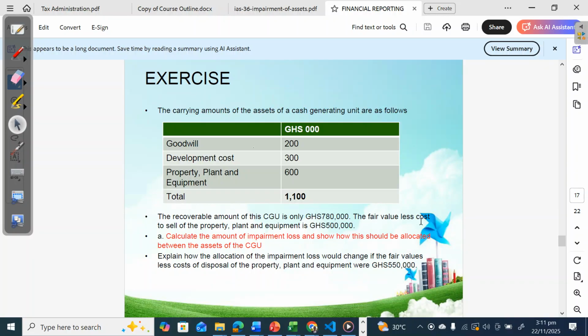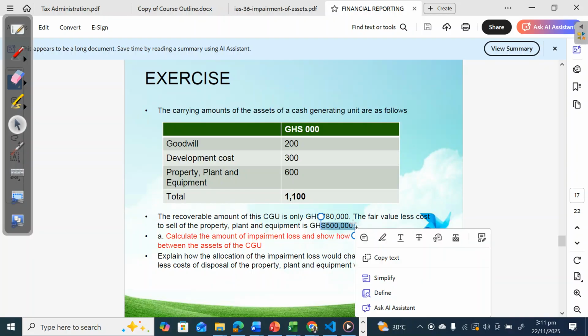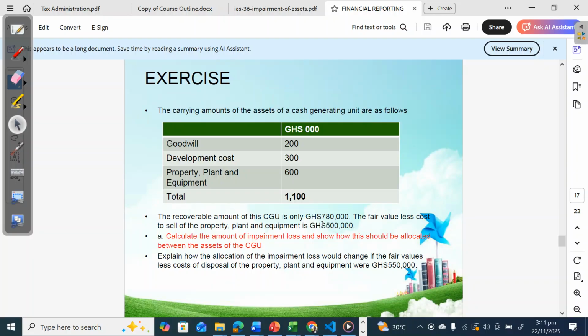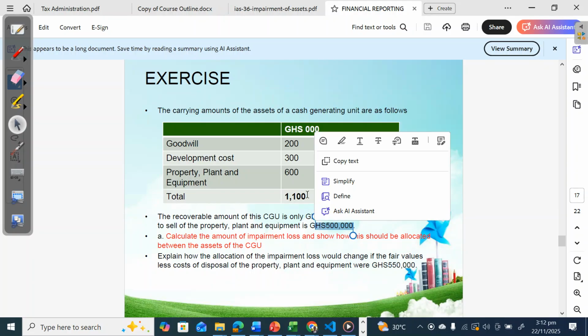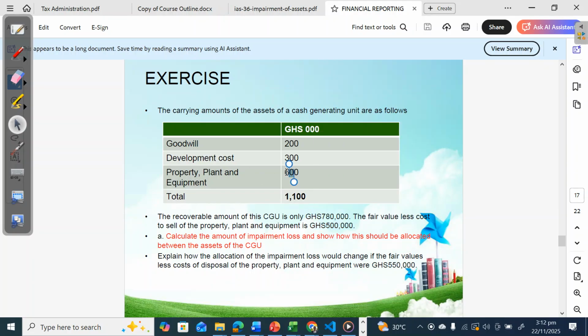The fair value less cost to sell of the property, plant and equipment is 500,000. So they have given us a restriction on the property, to 500,000.